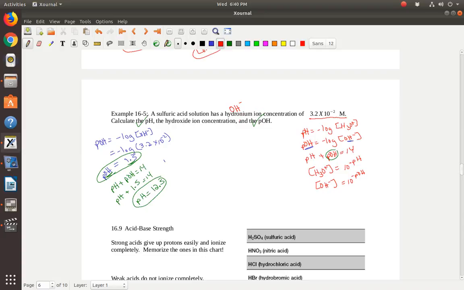oh, I just realized I wrote the wrong thing. This is hydronium, H3O+. Alright, so I gotta go back and do, this is not the pOH, this is the pH. So, H3O+. I didn't want to do that. So instead of this being pOH, this is pH. So, I'm going to erase this real quick and correct it.